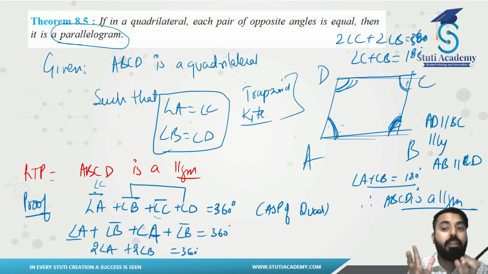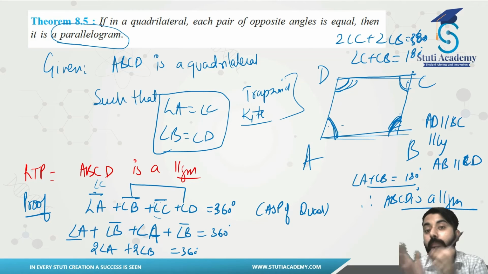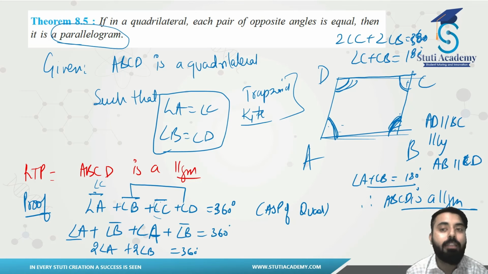The main thing is they have the parallel case. Opposite sides are parallel. So we just have to go for the parallel case. We are going to prove that the opposite sides are parallel. Once we have proved that, we can easily say that the given figure is a parallelogram. That is what we have done here. So that's why I did not go for equality. I just went for this. I hope you have understood the case.